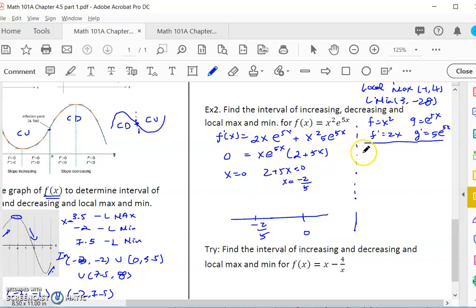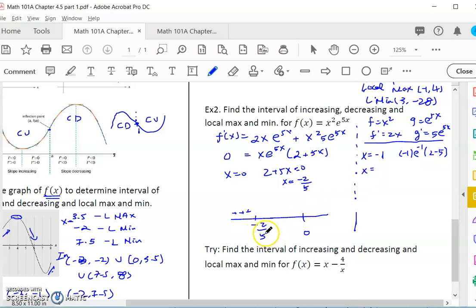So we test x equal to negative 1. So we will say negative 1 times e to the negative 5, right? We could actually use decimals to do it. And then 2 plus 5 times negative 1, which is 2 minus 5. So I have negative times negative, which is positive. And then what is the next one that we can do?